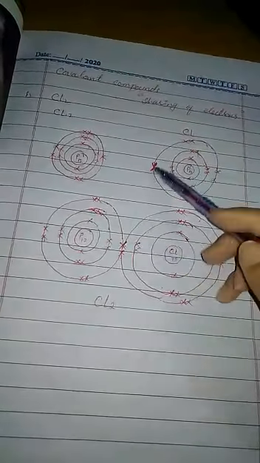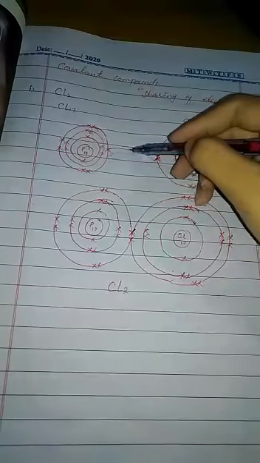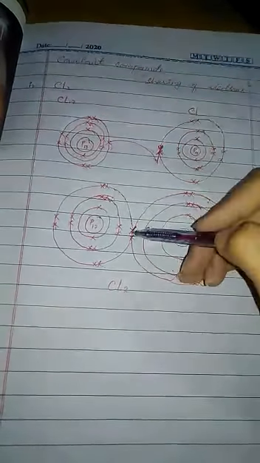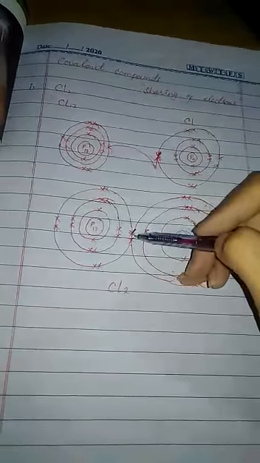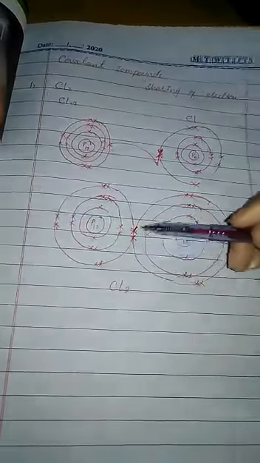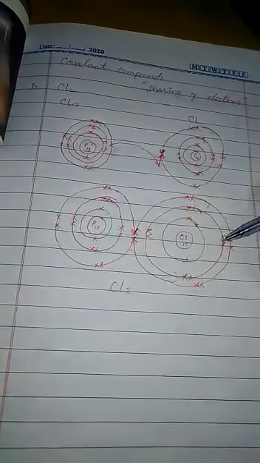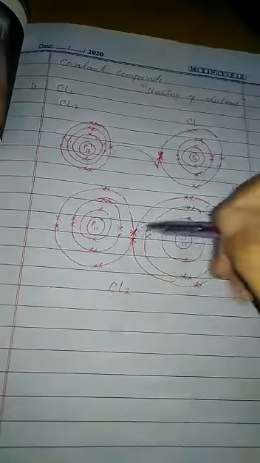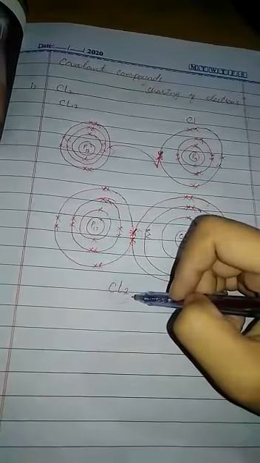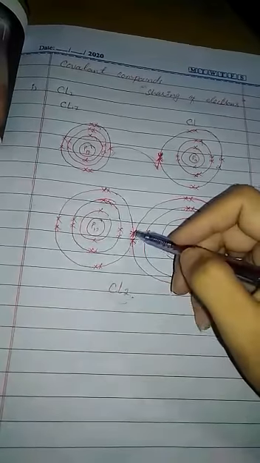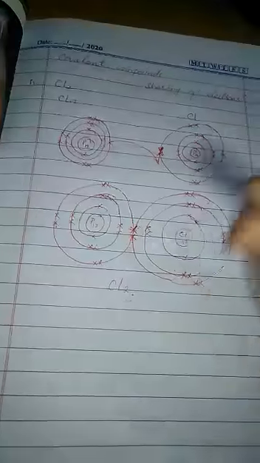By sharing, this electron is shared by this atom, and this electron is shared by this atom of chlorine. In this way, both atoms of chlorine have 8 electrons in their outermost shells. Let's see, 2, 4, 6, 8, 2, 4, 6, 8, and in this way they have completed their outermost shells by sharing of electrons and form the compound Cl2. This compound is called a covalent compound because it is formed from the sharing of electrons.